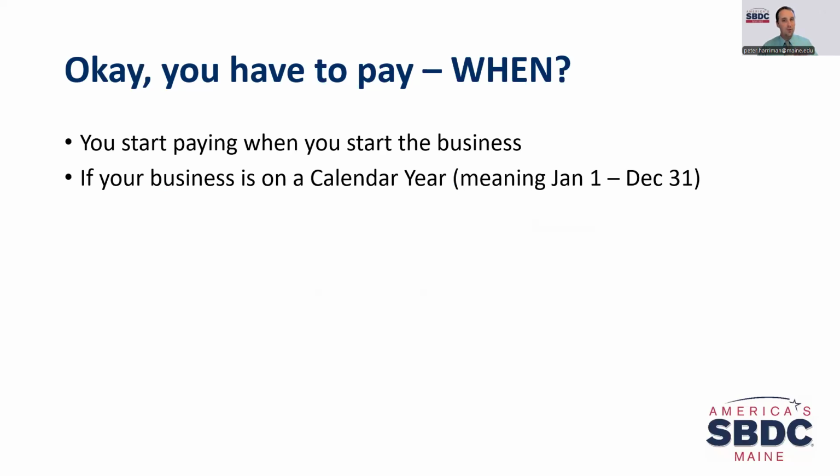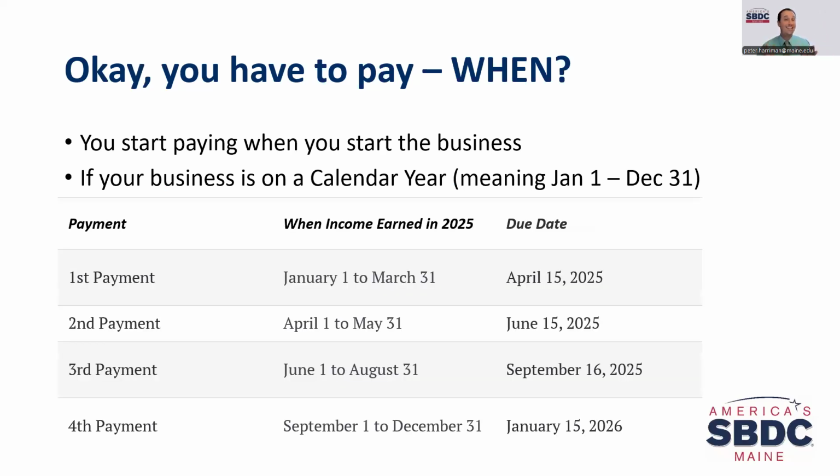Most people go by the calendar year, January 1st to December 31st. If you have a calendar year, this is what the payment schedule is. Now, I want to be very clear: this does not mean you only make a payment on the income earned during these months.